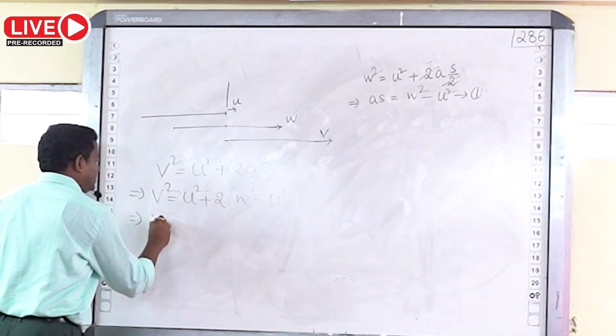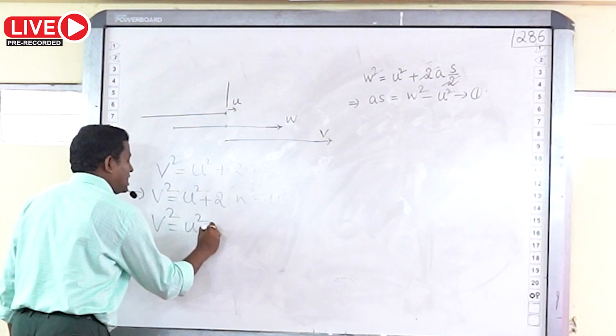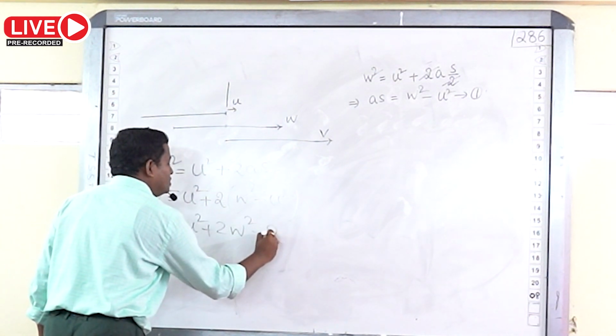It will be v square equal to u square plus 2w square minus 2u square.